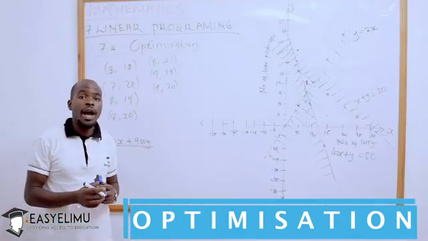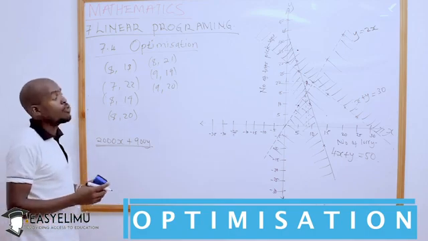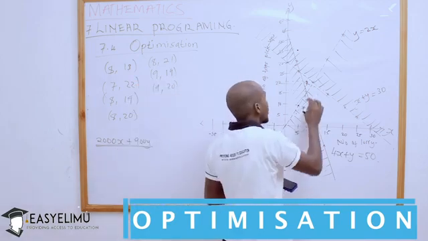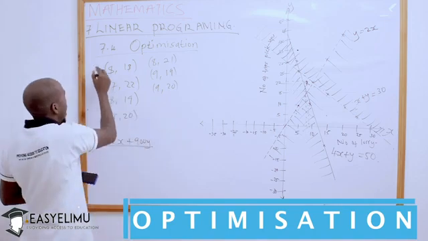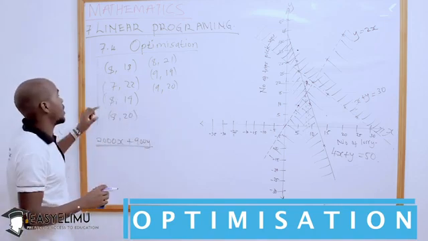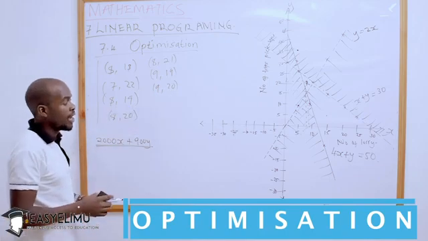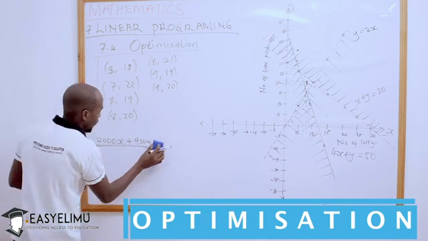Now from the region R, you shall find out that you might find numerous points which satisfy the region, which are within the region, such that some of them are like what I've given out here, 8, 18, up to 9, 20. And if you want to find the price, you can use this function and find out the price.